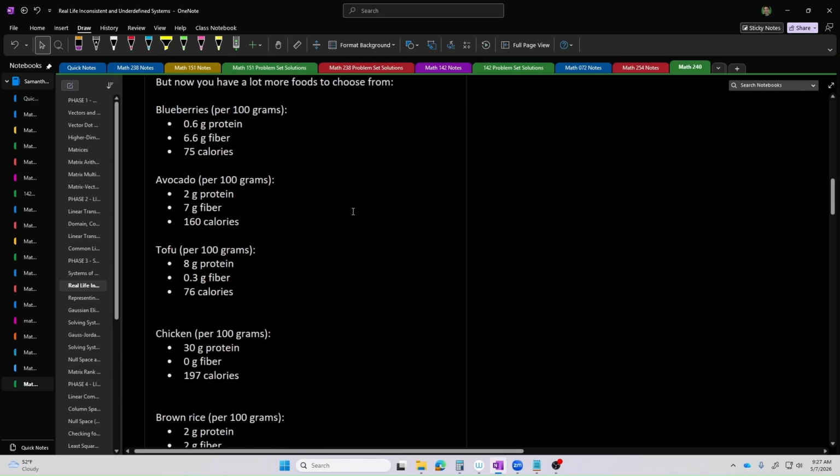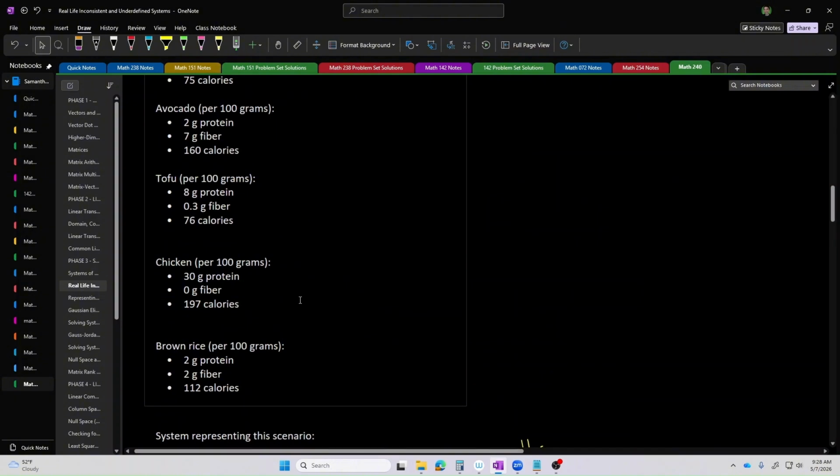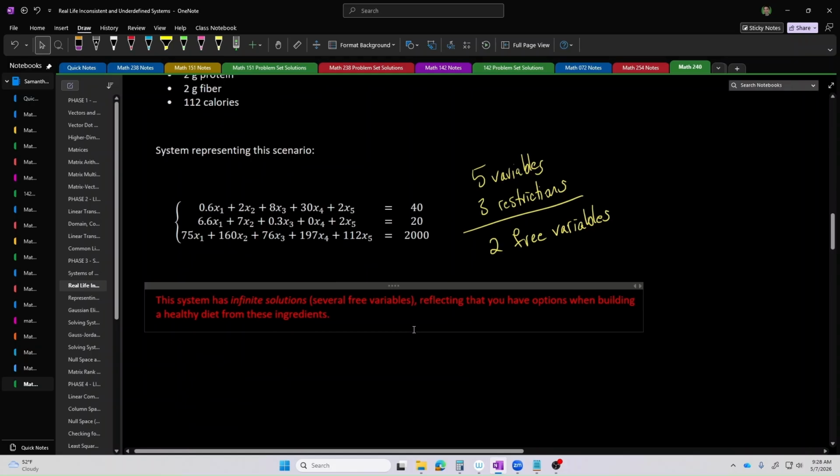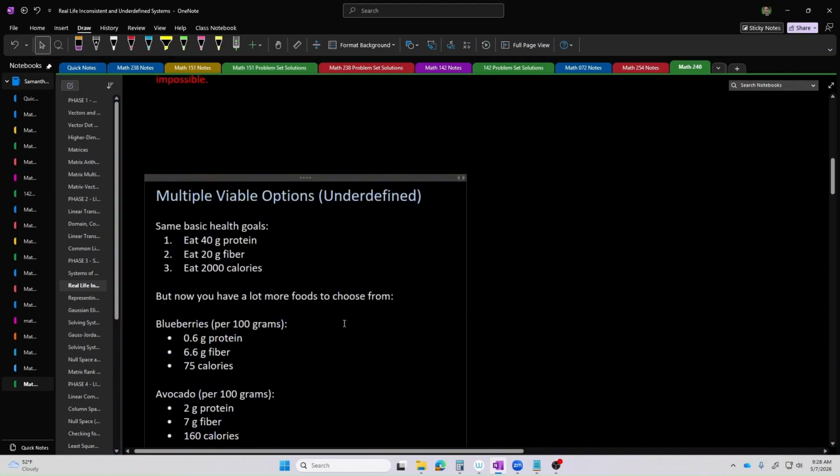I can mix and match these five different foods in a couple of different ways to meet my health goals for the day. So this is an example of a system that has infinite solutions, a system with free variables, what we call an underdefined system, as it might arise in a real-world context. Underdefined systems represent that you can get your goals met in multiple viable ways.